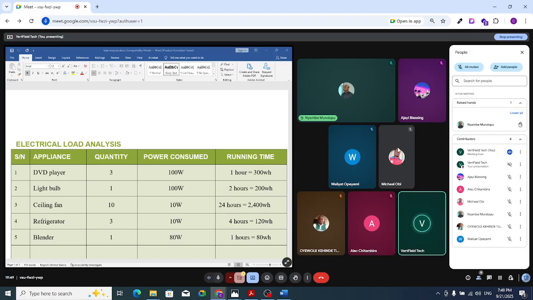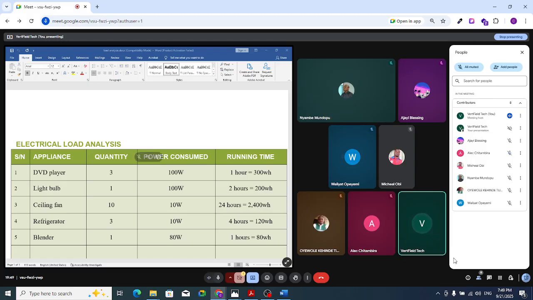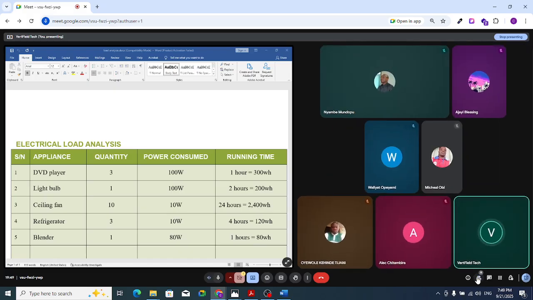So proceeding and to finalize, now that we are familiar with what we call the electrical load analysis table, we know what it does for us. We know the parameters which we can use to run a load analysis on a facility. What is left is to have a proper idea of how we run a load analysis or load audit on these 5 appliances.